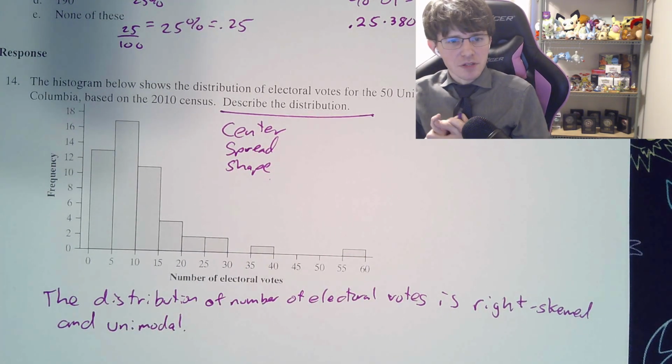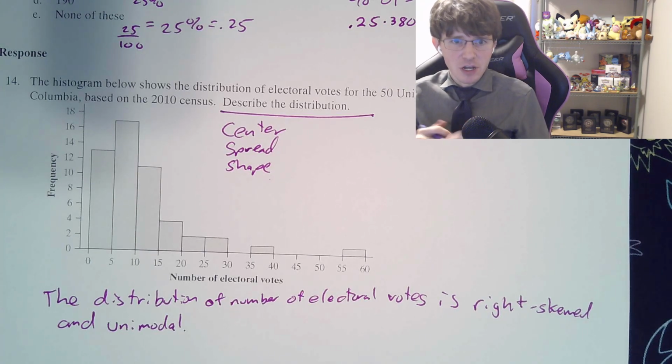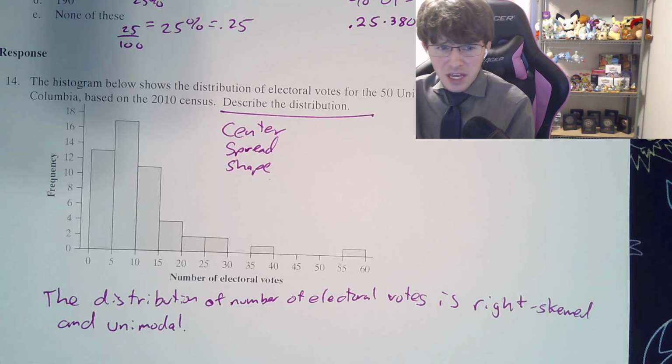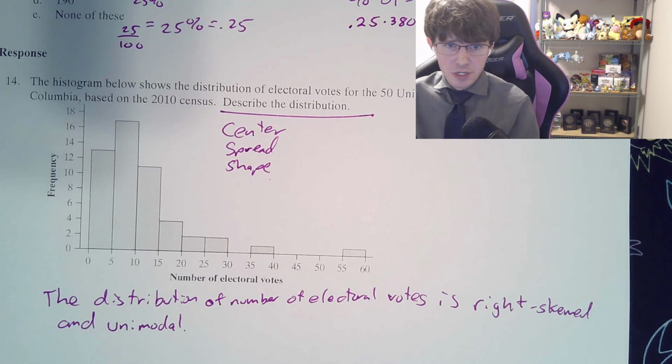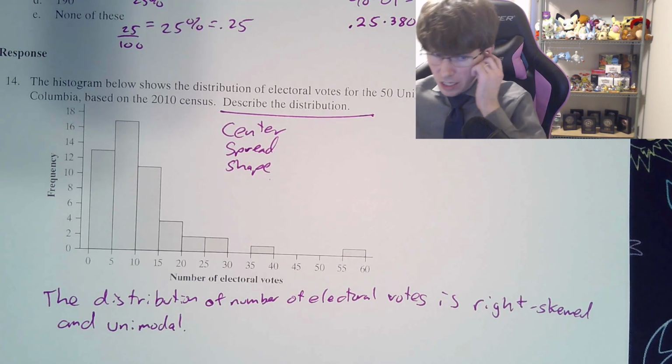After you've talked about the shape, you want to talk about the center. For the center, we wrote it earlier. When you're talking about the center, you have a choice, mean or median. Anytime you have a mean, you're using it for symmetric distributions, and the median goes with skewed distributions. So you need to find the median.